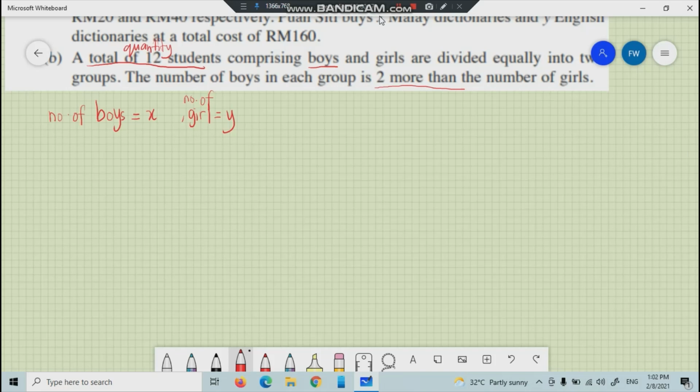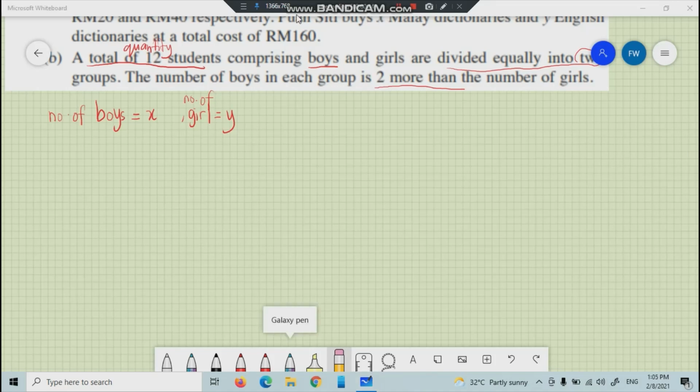So what is our simultaneous linear equation? Here it states that we have total number of students, which is 12, comprising of boys and girls, and then both boys and girls are divided equally into 2 groups, meaning boys have 2 different groups and also girls have 2 different groups.